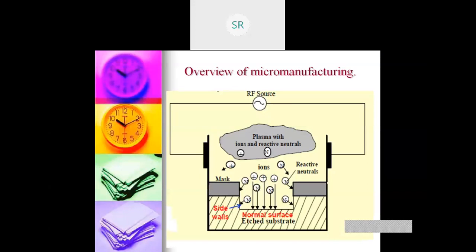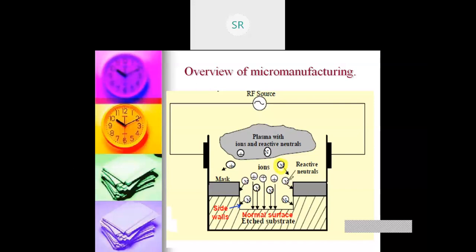Okay, now what will happen? This is very important. In this process, generating a plasma and adding a chemically reactive gas, the reactive gas produces reactive neutrals.